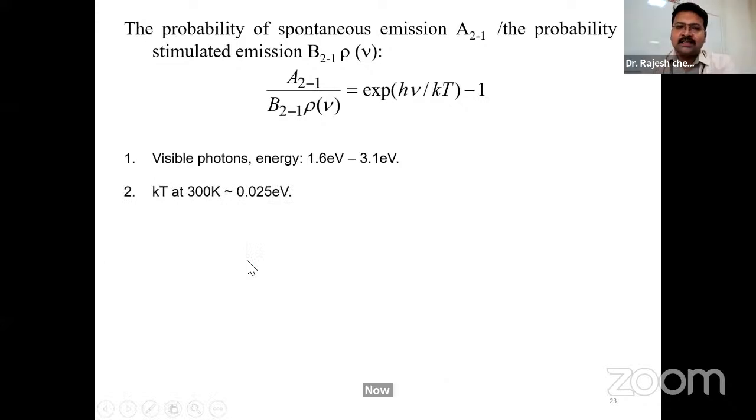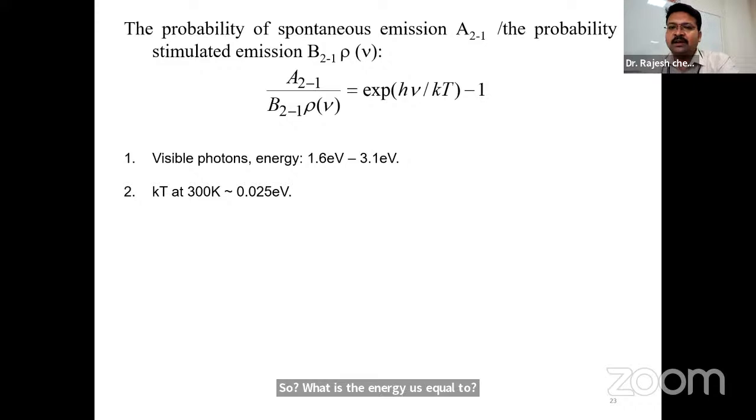Now, what is the energy? E is equal to kT we have, right? At room temperature, we take 27 degrees as the room temperature, right? 273 plus 27, equal to 300 Kelvin.